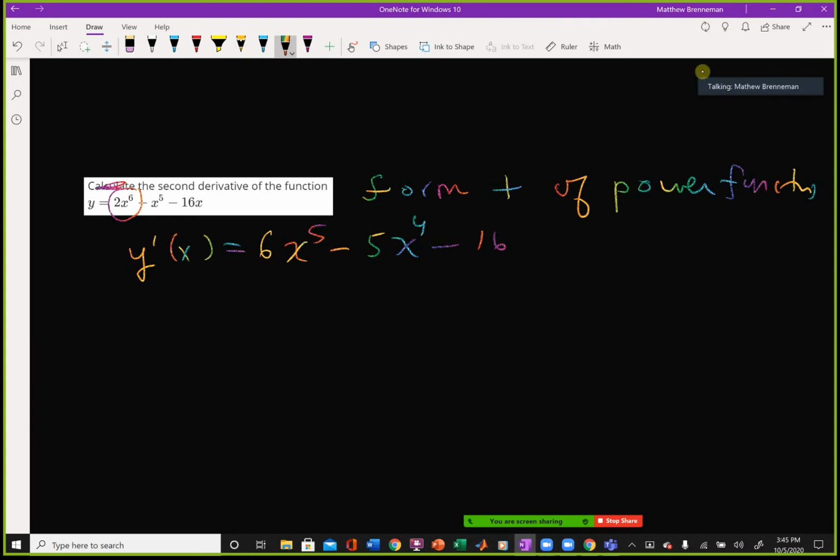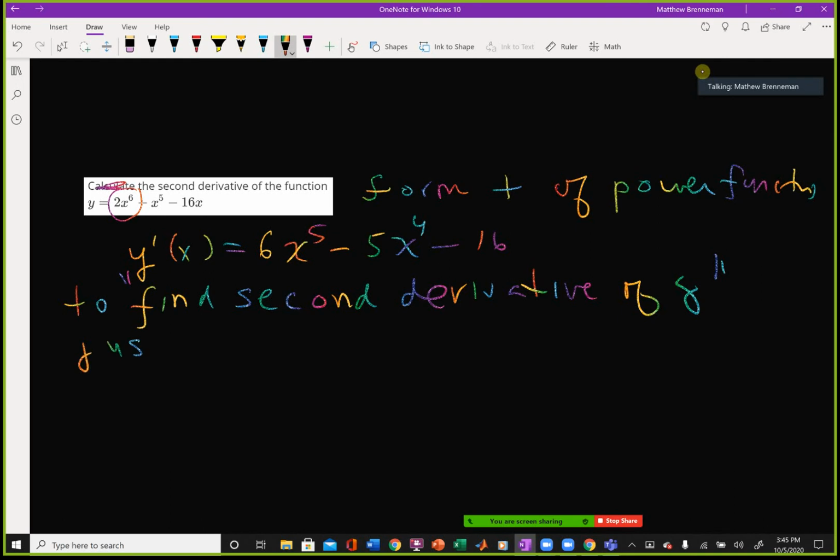So now to find the second derivative, I just take the derivative twice. Finding the second derivative of y just means take the derivative twice.